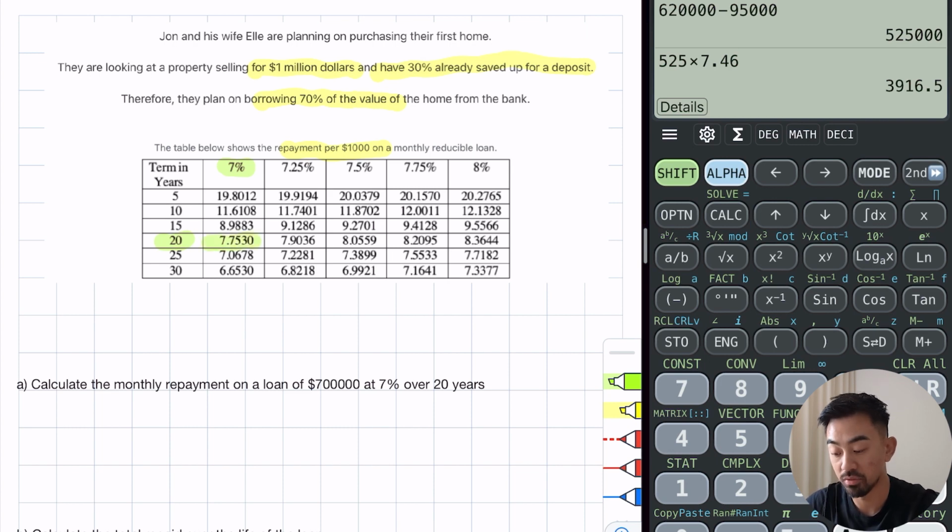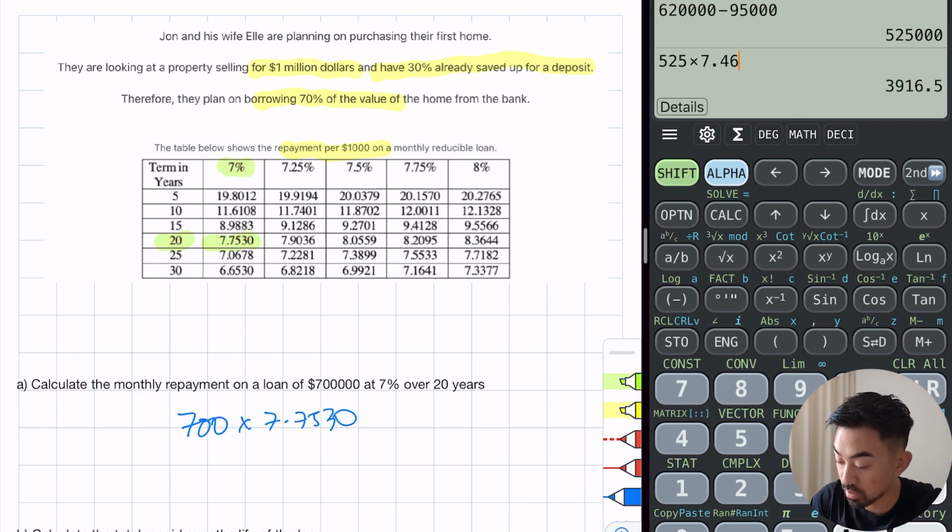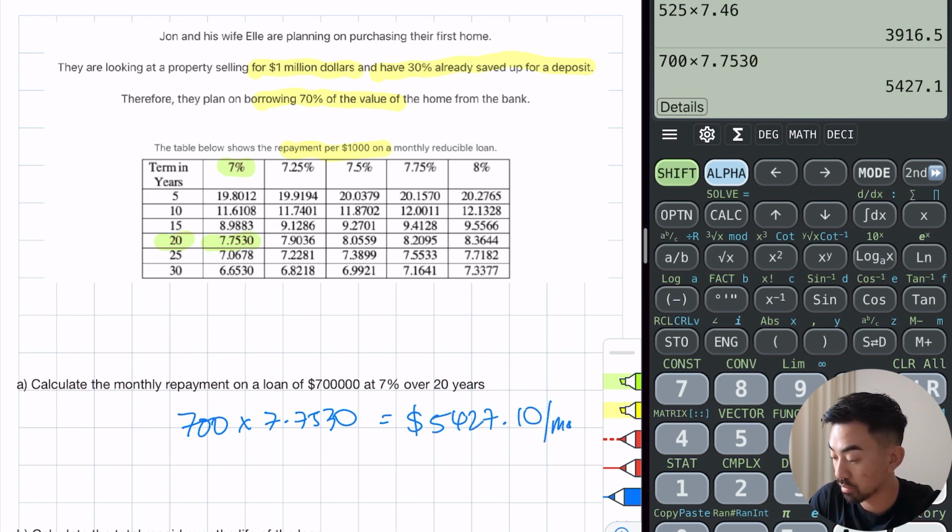I think it's 7.7530. So it's going to be $700 because there's 700,000 of them, times by 7.7530. So the monthly repayment is $5,427.10 per month. Okay, sweet.